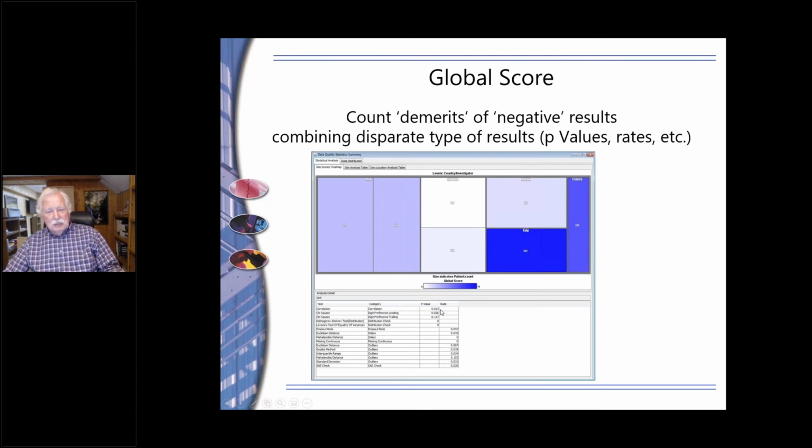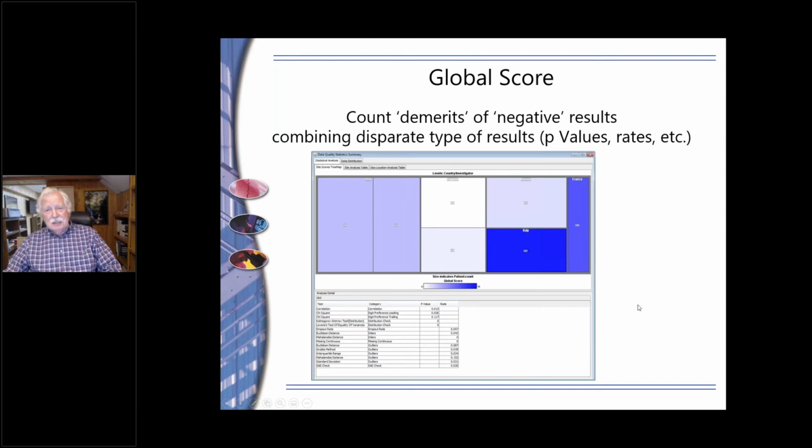And so the global score is essentially counting up any of the tests or rates or anything else that we're checking, if that is in the area that would be considered negative or not a good result, we count that as a demerit, and then total up the demerits, just like the military, and that's the global score. So it's a simplistic way of coming up with an overall number, but a way to combine the different disparate statistical tests and other types of tests like SAE checks and so on.